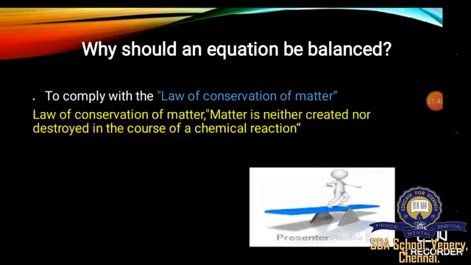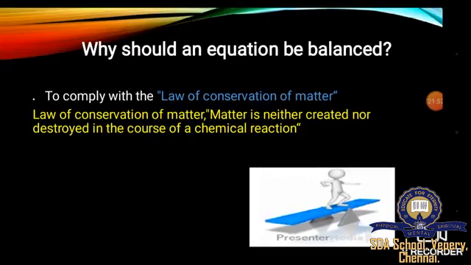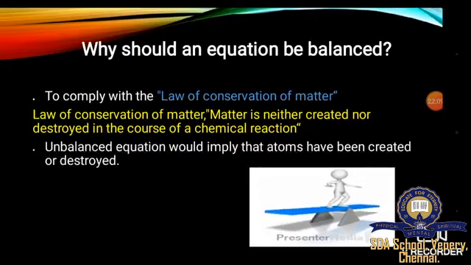It says that matter is neither created nor destroyed in the course of a chemical reaction. I repeat, matter is neither created nor destroyed in the course of a chemical reaction. So an unbalanced equation could imply that atoms have been created or destroyed.